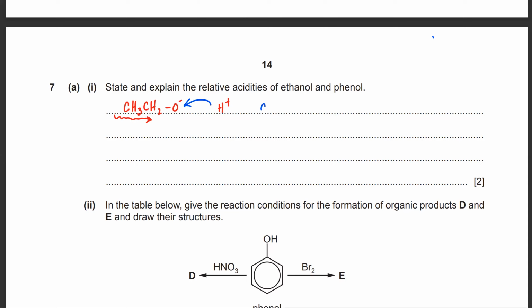So you're going to state that the alkyl chain in the CH3, CH2O -1 ion has an electron releasing or electron donating inductive effect. That's about it.